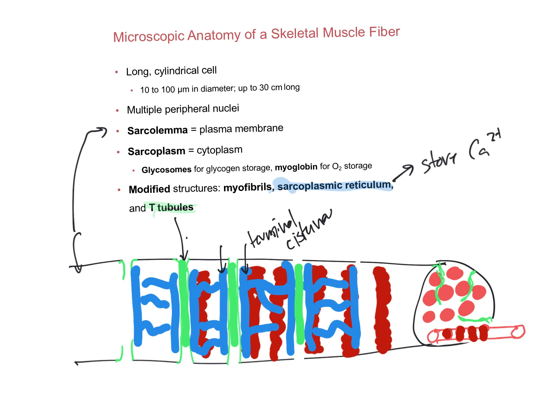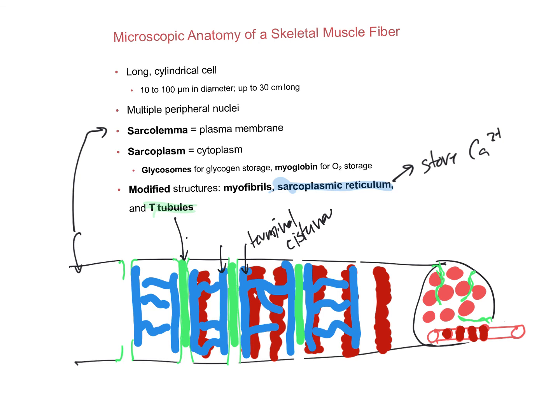Okay? They're a block of the sarcoplasmic reticulum. And so you'll notice you actually have two terminal cisternae that are adjacent to a T-tubule, or transverse tubule, every time. Right?